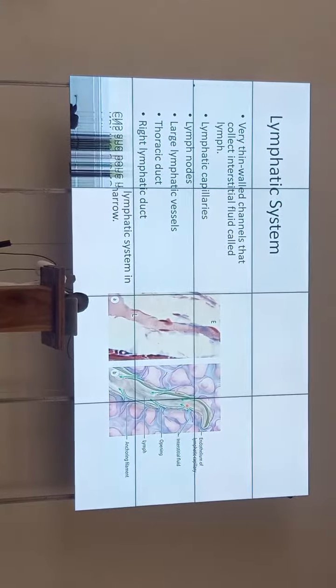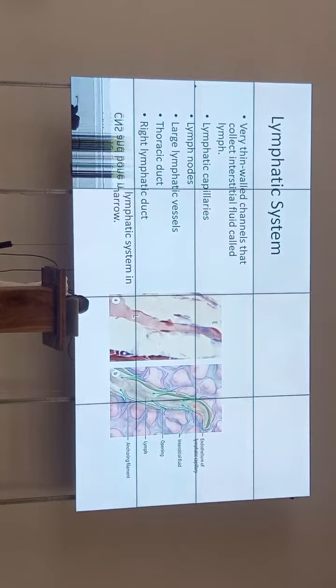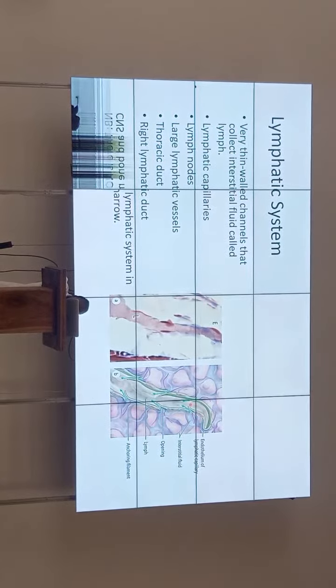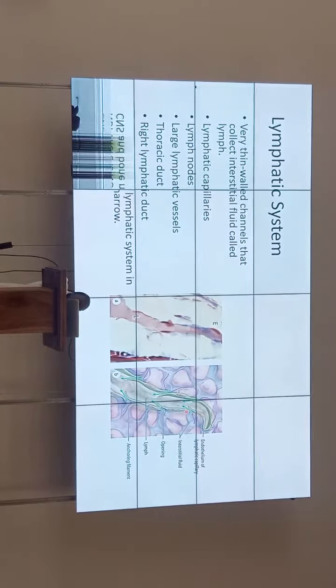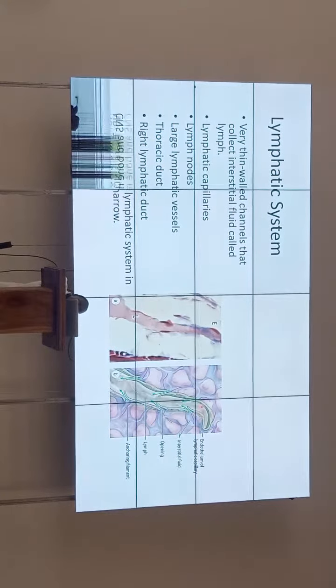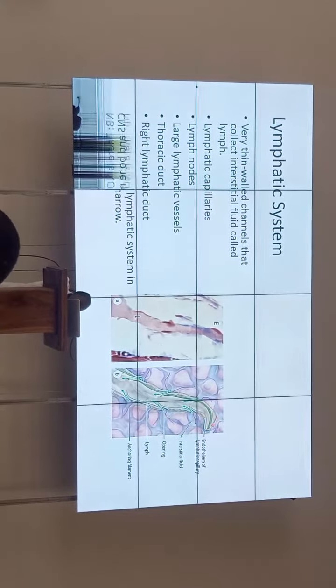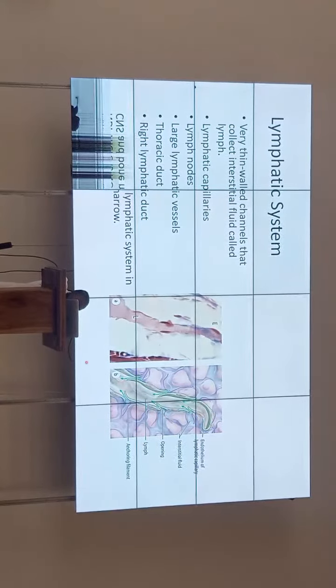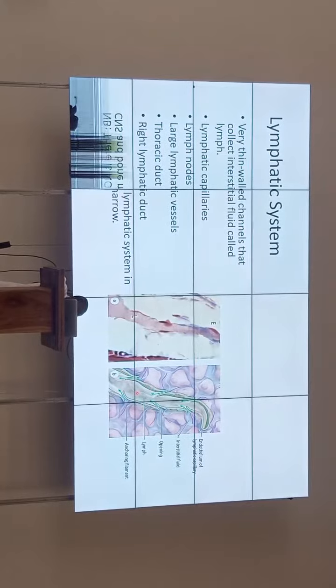Are you getting it, guys? It's easy for fluids to come in. The moment the fluids want to go out, they compress on this cell, which will close this. Okay? So these are blind-ended tubules. Can you see? It's going nowhere. Here it's blinded. And then it starts getting big as it leads the fluid, which now is going to be called lymph.